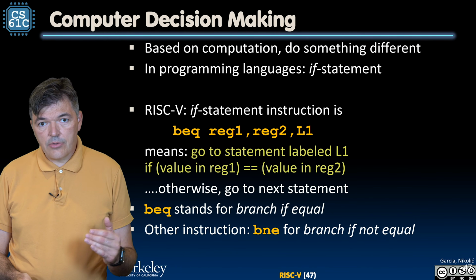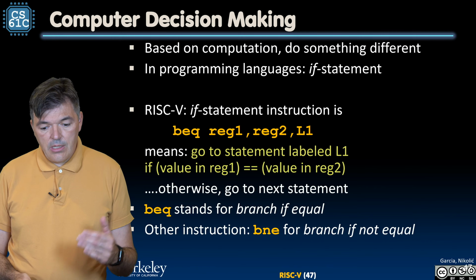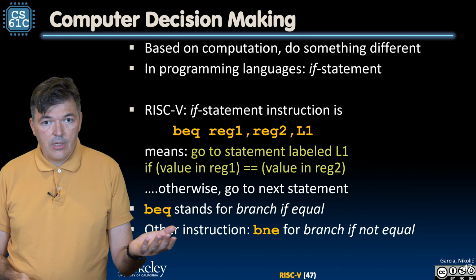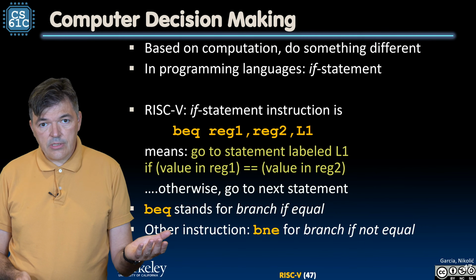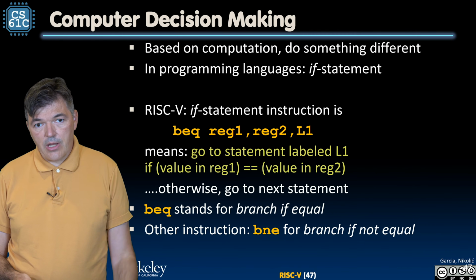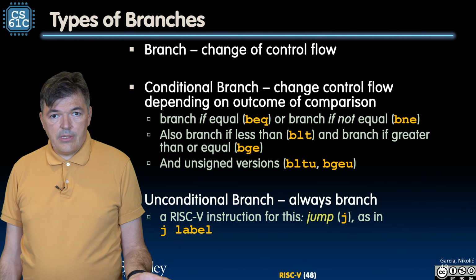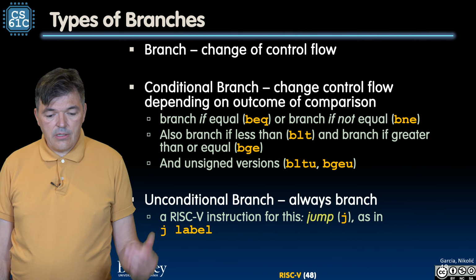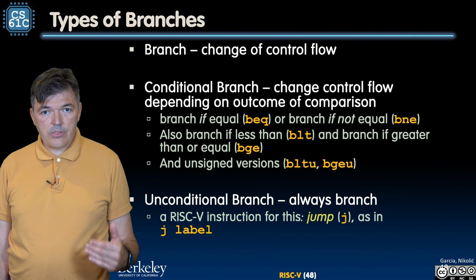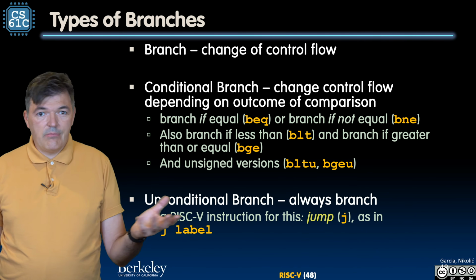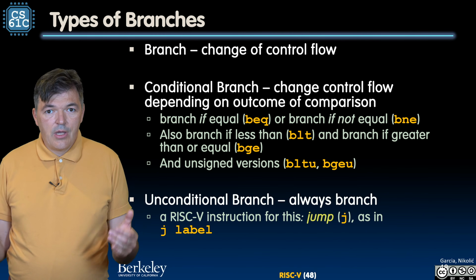BEQ has its counterpart, BNE, which stands for branch if not equal. It will take a look at the contents of two registers, and if they're not equal, it will branch. There are two types of branches in assembly, and RISC-V is no different. There are conditional branches and unconditional branches. Conditional branches basically evaluate something that we ask them to.